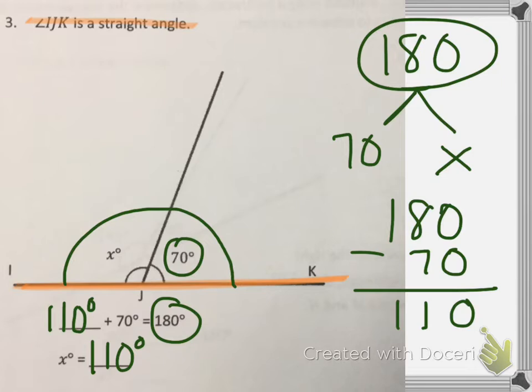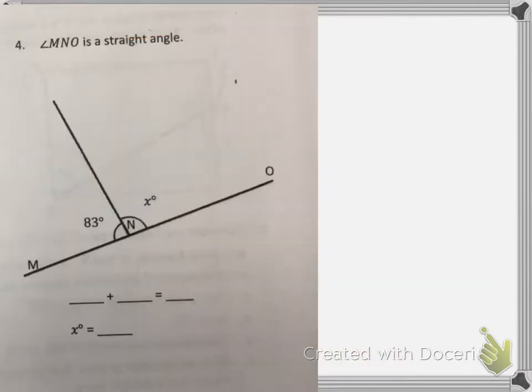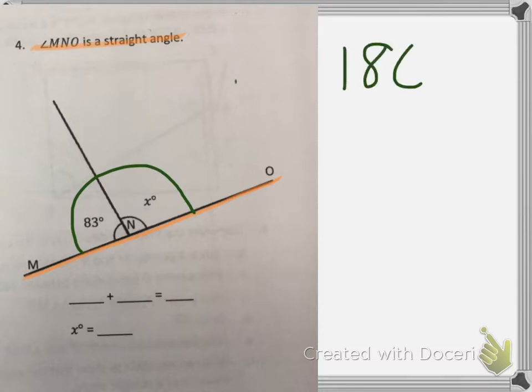Okay, pause if you need to catch up, but let's move on to the next one. This is number 4. Number 4 gives us the hint that angle MNO is a straight angle. So I'm going to put my finger on M and trace over to O. That is a straight angle. I know straight angles get that kind of an arc, and I know that straight angles are 180 degrees.